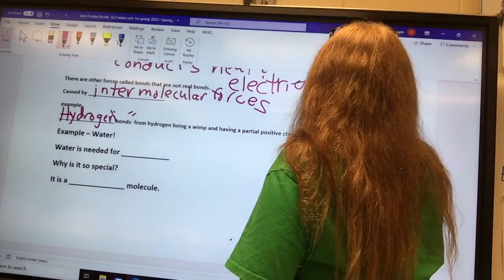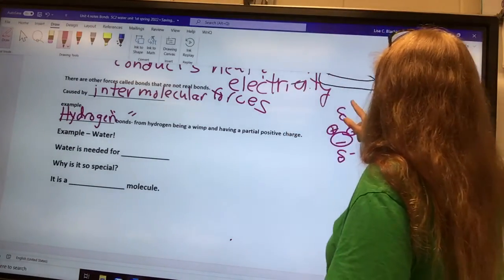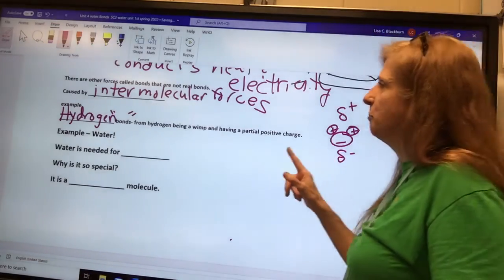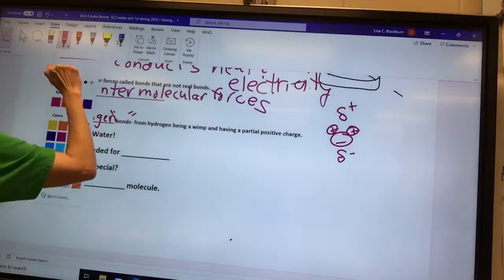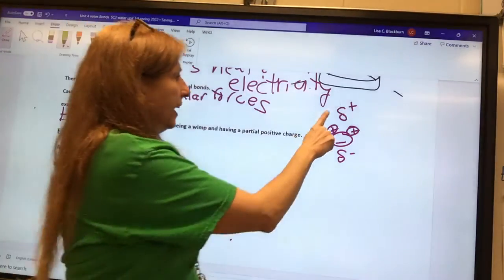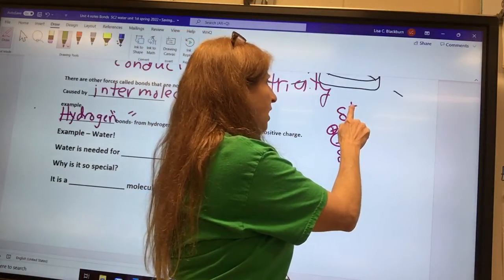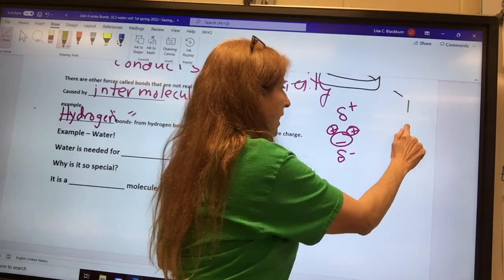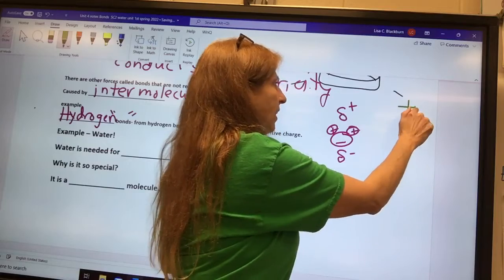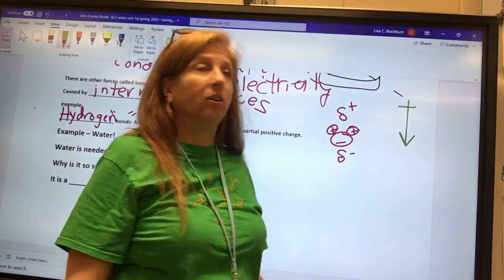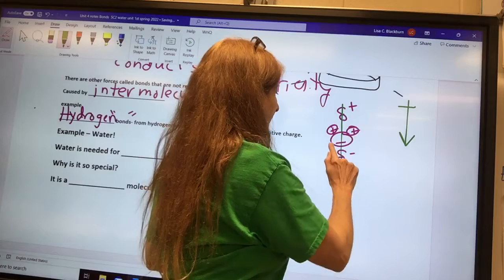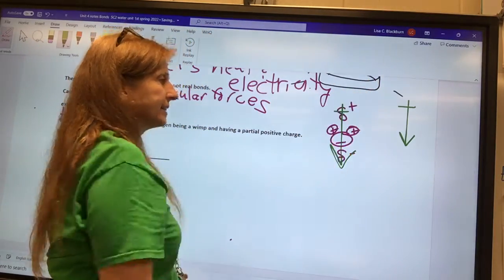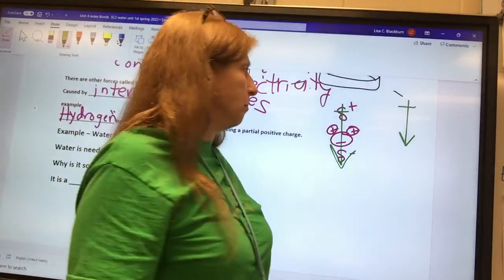And how you write it usually, instead of writing one on each one, you just put the partial positive right there. Sometimes these charges are shown by an arrow, and how you do the arrow is you go from the positive to the negative. I always remember that because you can make the positive look like an arrow tail. So sometimes there'll just be a big arrow like that, showing that that is the positive side and that's the negative side.